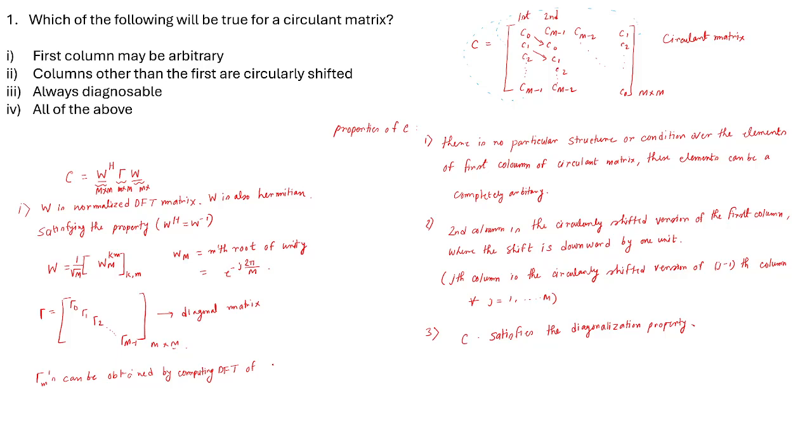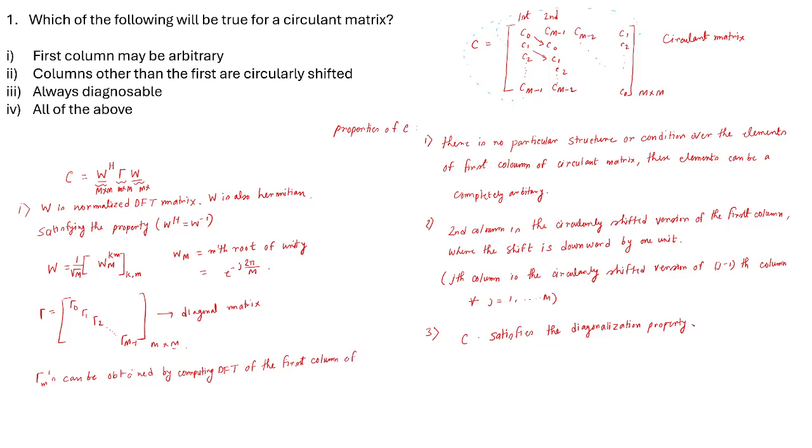By computing the DFT of the first column, or any column of the matrix, because anyway if you know the elements of one column you know the other columns also, because the elements remain identical across columns.